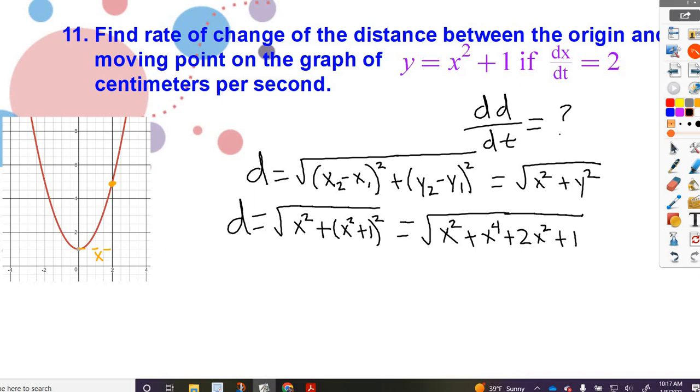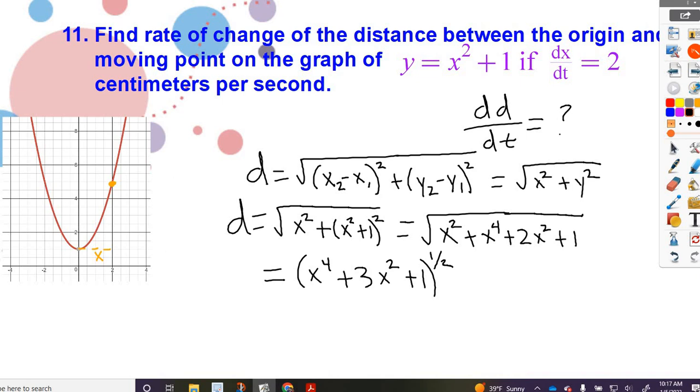What's our goal? Yeah, we can combine like terms. And our goal is to take the derivative, so I'm going to rewrite it as a 1/2, so I get x to the 4th plus 3x squared plus 1 to the 1/2 power. We're okay with that. Again, I want to use my exponent rule. What else are we going to have to use? My exponent rule and my chain rule.